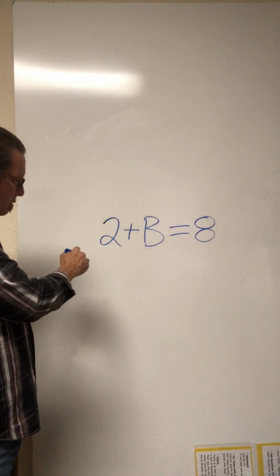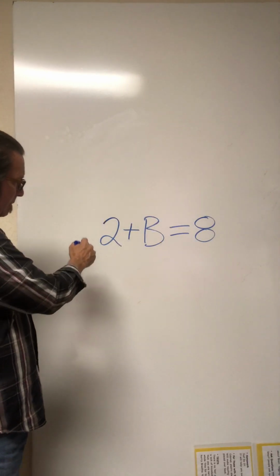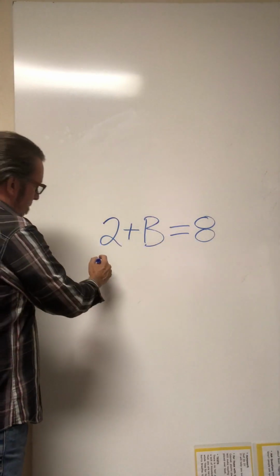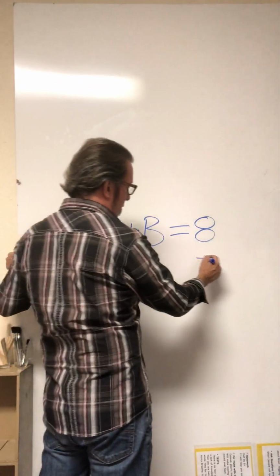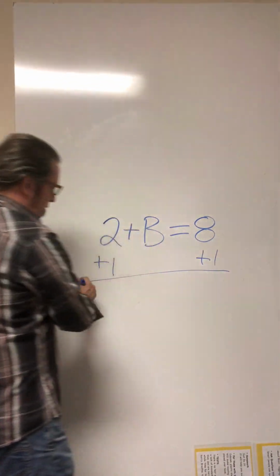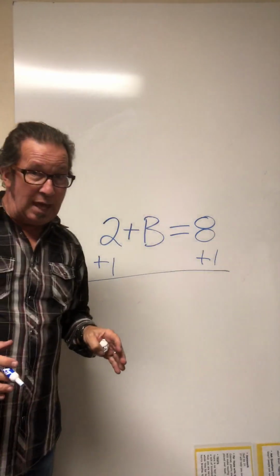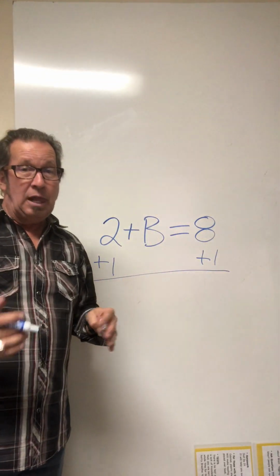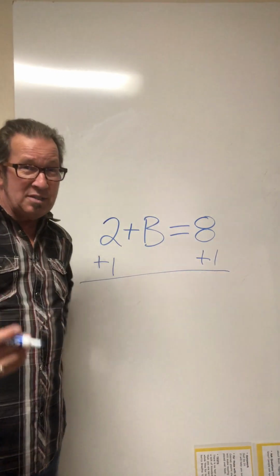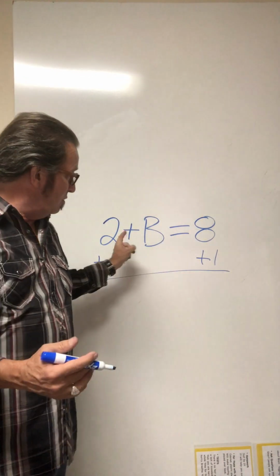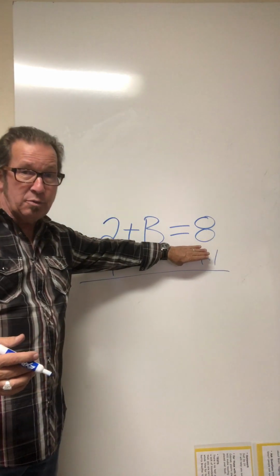So what I'm going to do here is, let's say I'm going to add 1, and I'm going to add 1. Can I do that? Yes, I can do that because we said math is fair. I can do whatever I want to one side as long as I do it to the other. We said that in this situation right here, b equals 6, right?